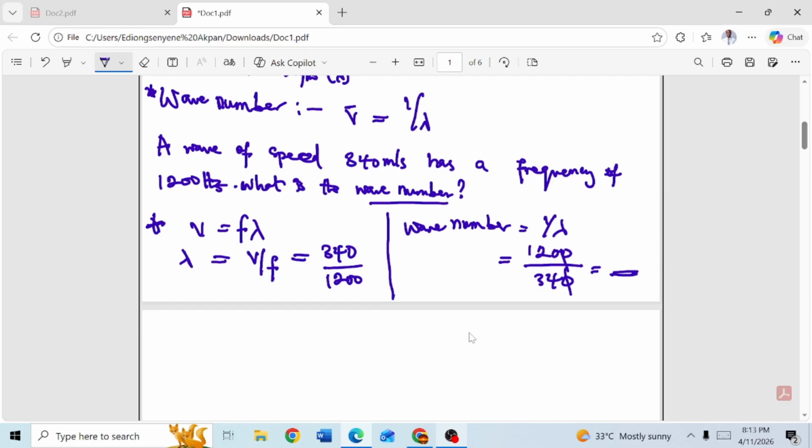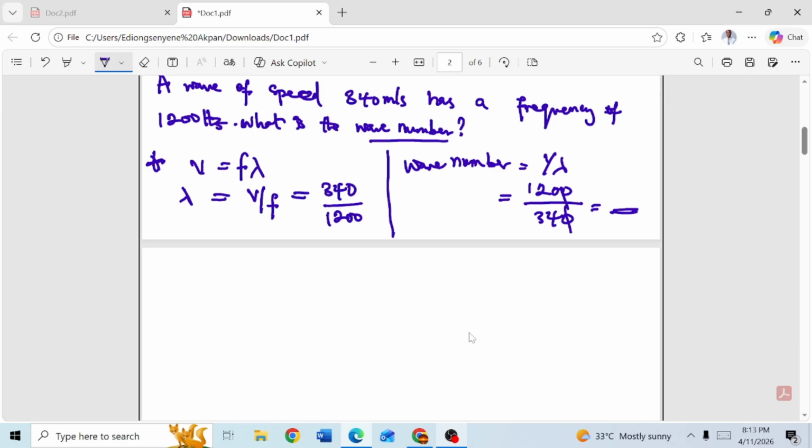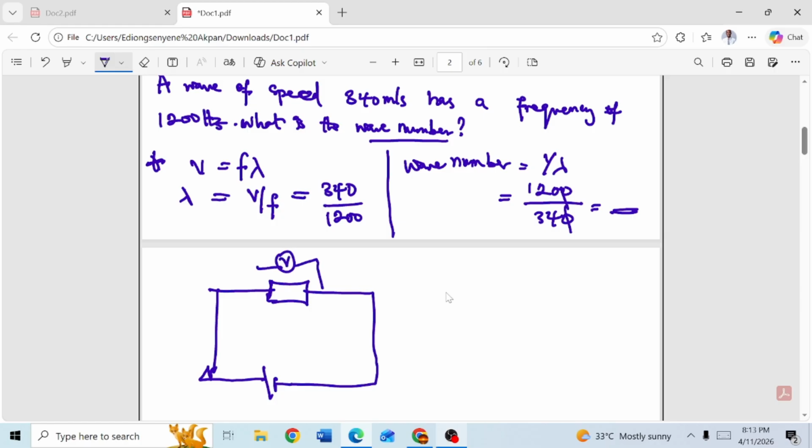I want to take you to another pattern which has to do with electricity. In electricity, we know that Ohm's law states that the current passing through a particular conductor is proportional to the potential difference across it. So you have V equals IR.